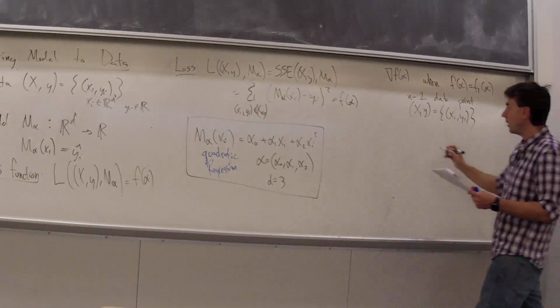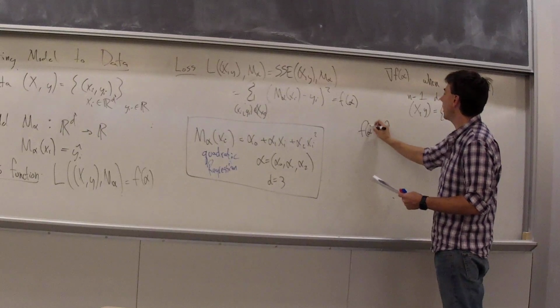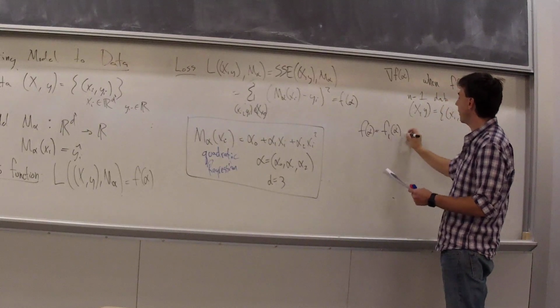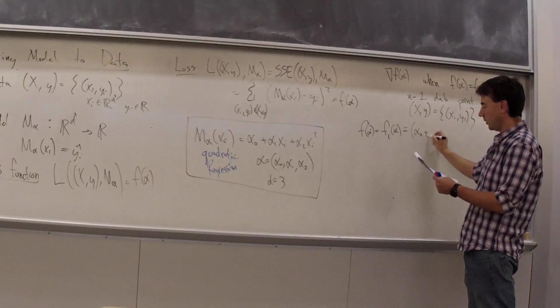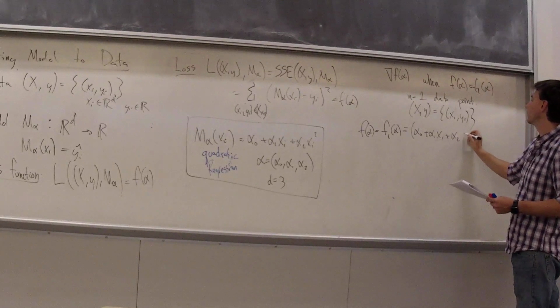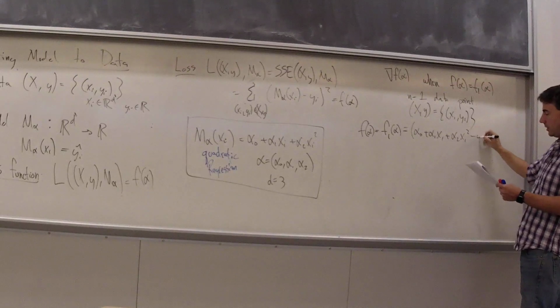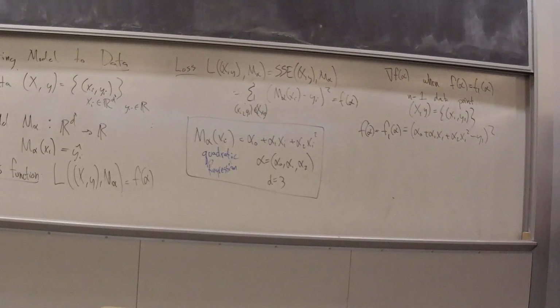Okay, and so now that means this f of alpha function equals f1 of alpha is just going to be alpha 0 plus alpha 1 x1 plus alpha 2 x1 squared minus y1, all squared. All right, so this is my whole function now.